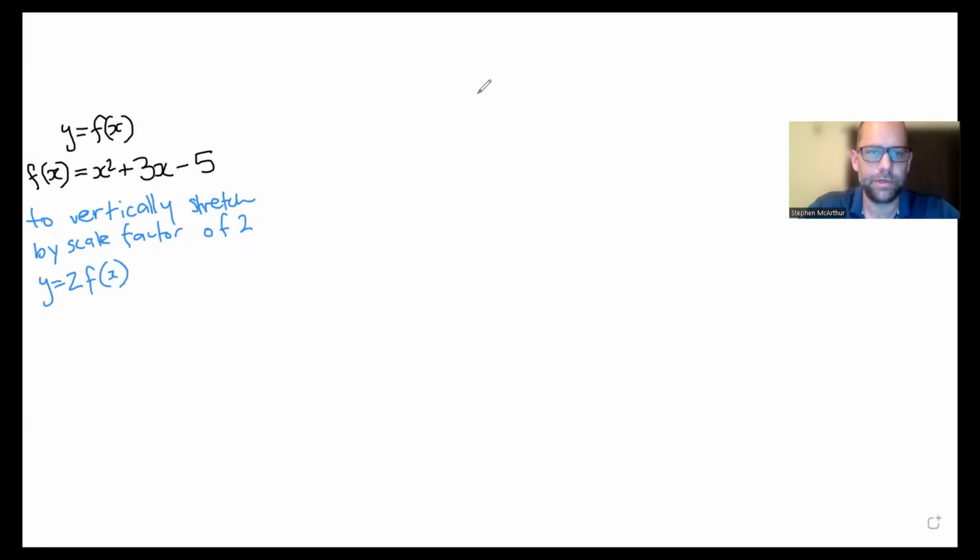All right, so let's do the work. So 2 times f of x is equal to 2 outside the brackets, and then my original function, x squared plus 3x minus 5.